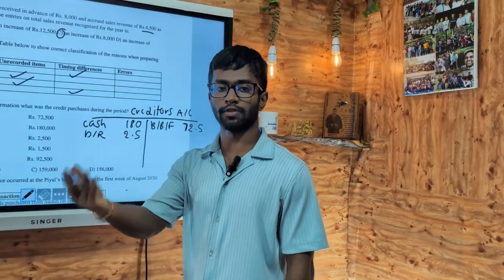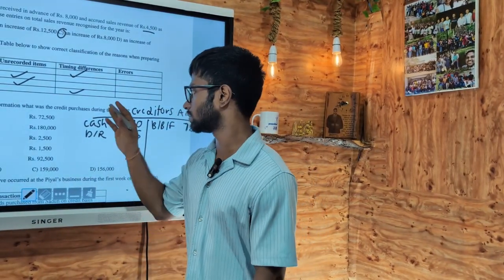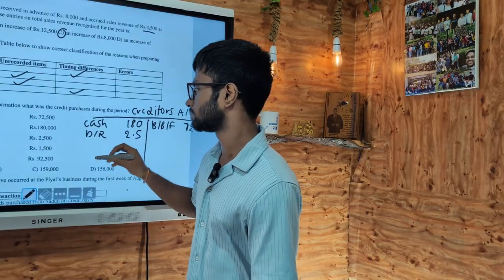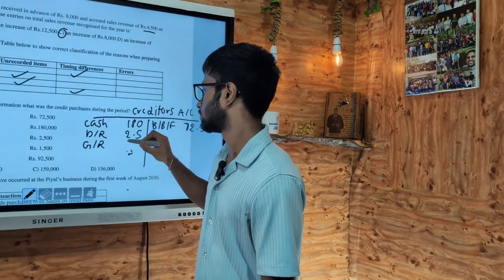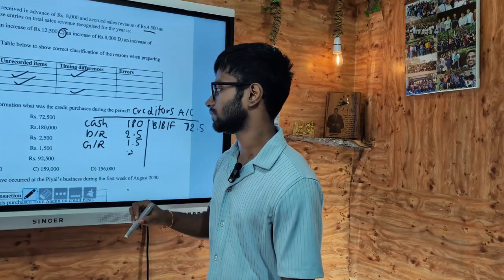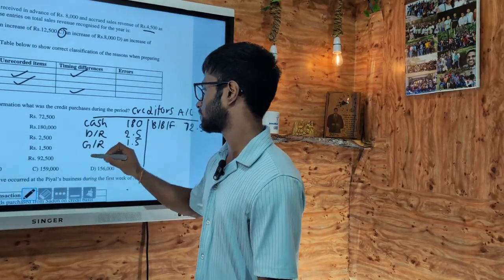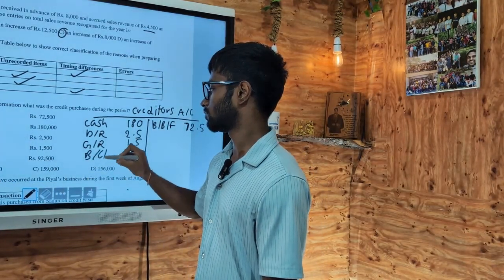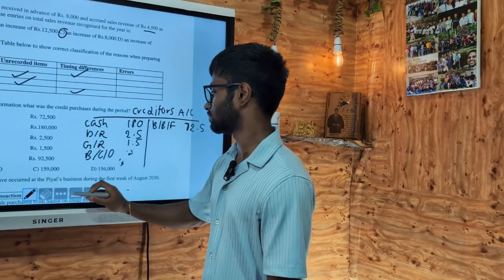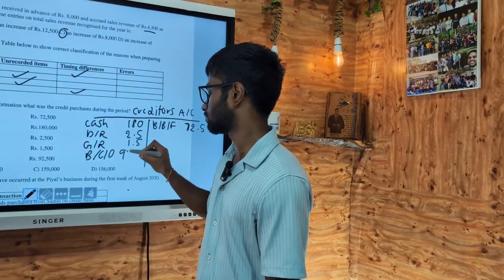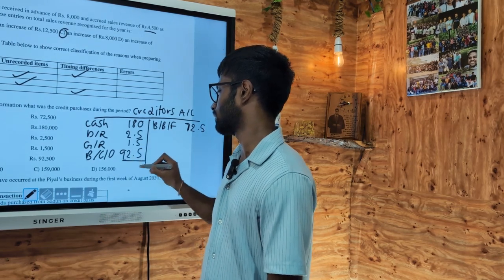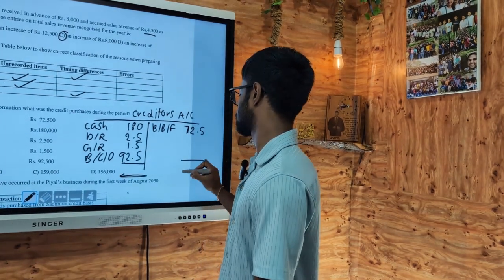If we return some of the goods back to our suppliers, again the creditor value will reduce. Goods return 1.5. Then closing creditor balance we have 92.5. Then what you have to do is balance.